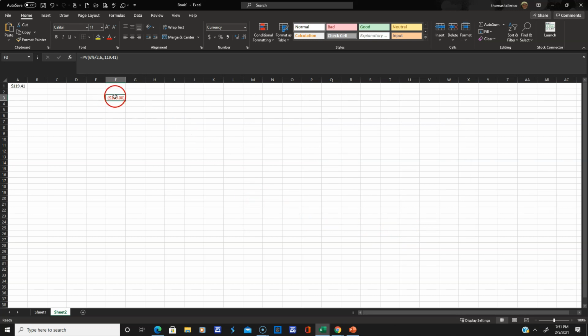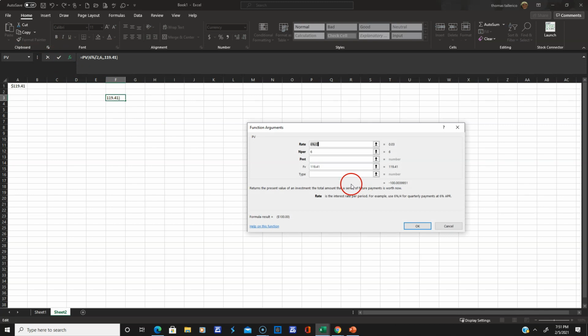Notice how it puts it in red, because you had to take that money out of your pocket, right? And I'll click on f of x again. The money has to come out of your pocket to go into the bank, so it grows to this. Remember, money out of your pocket is negative. So look here, formula result, $100. So it disregarded those extra digits.